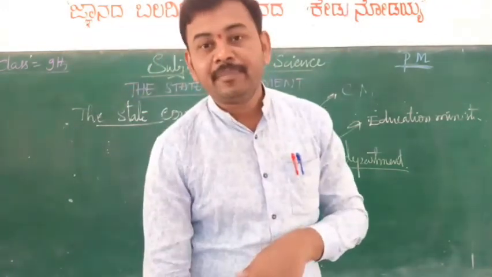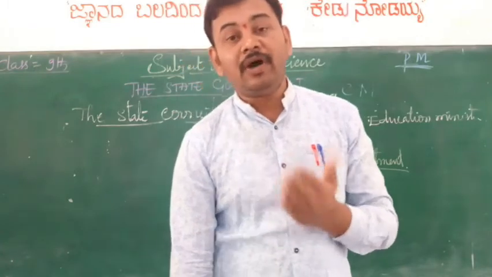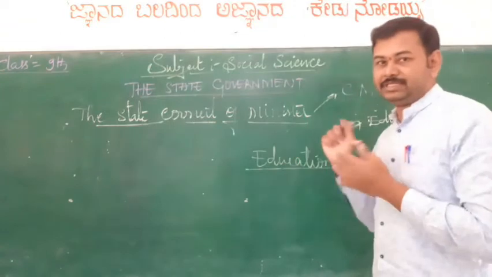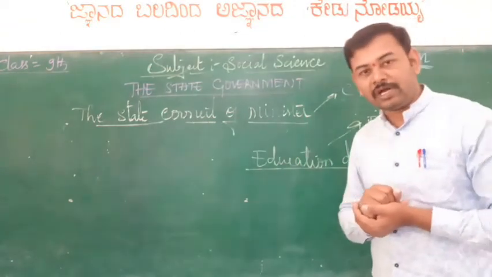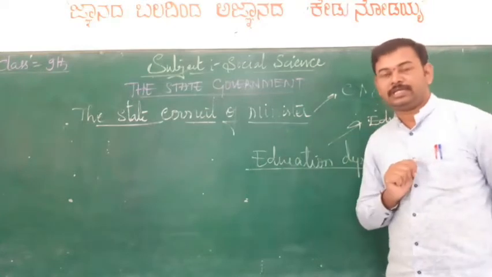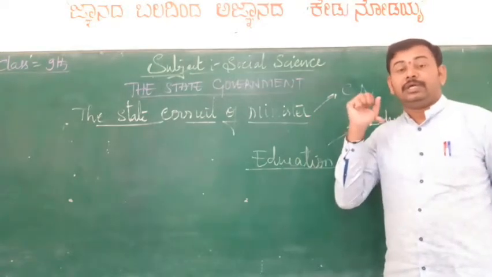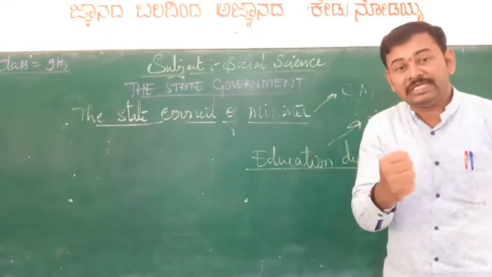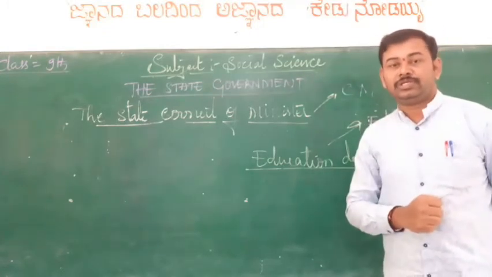So these are some important functions of the State Council of Ministers. Finally, dear students, the Council of Ministers in the state will always be the supreme power of the state.